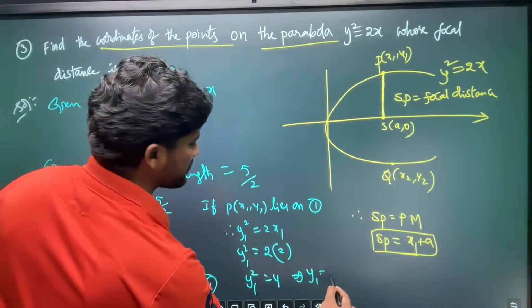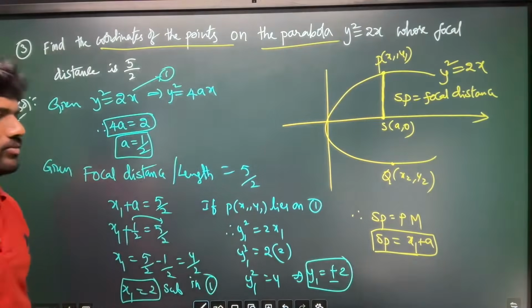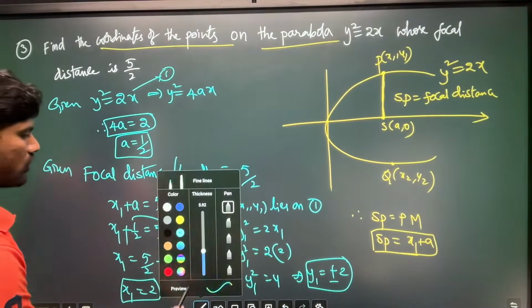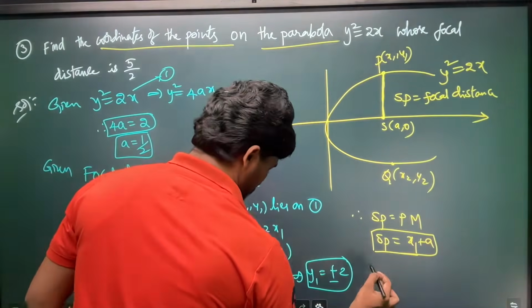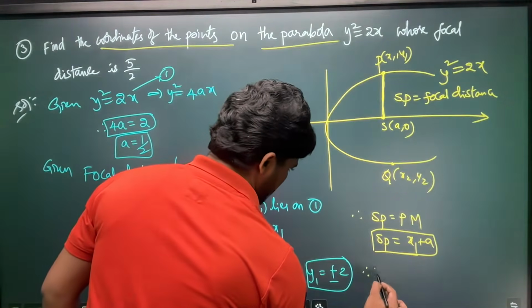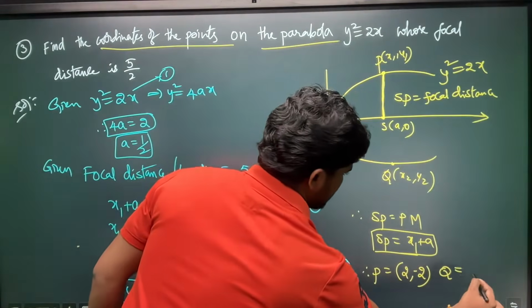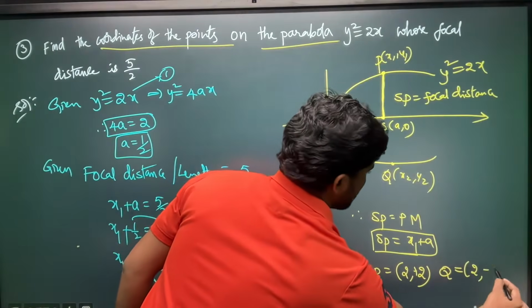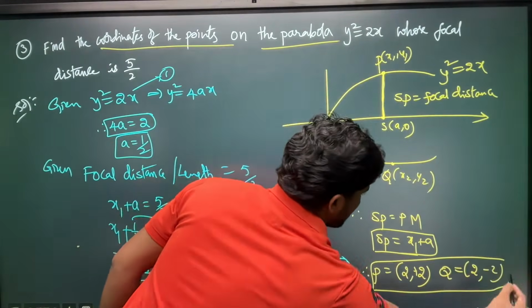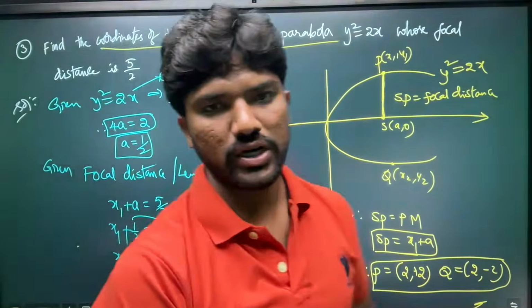Then y1 is equal to plus or minus 2, because √4 is plus or minus 2. Therefore P is equal to (2, -2) and Q is equal to (2, 2) and (2, -2). These are the two coordinates on the parabola. Clear? (2, +2) and (2, -2).